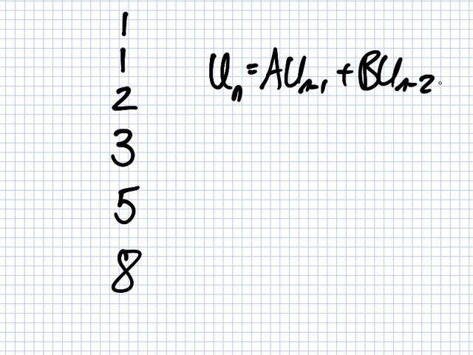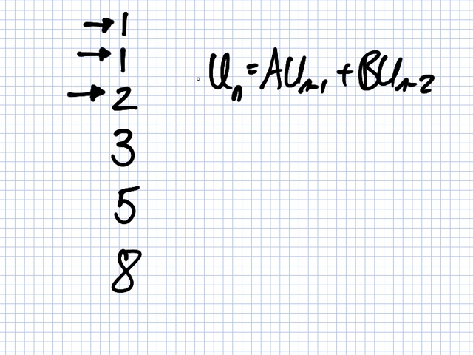How many things do we need to find in total? 2. So we could try to make 2 equations with A and B in them. What could be an equation I could make with A and B here? What is this here? The first term, isn't it? This one? Second term, this one? Third term.